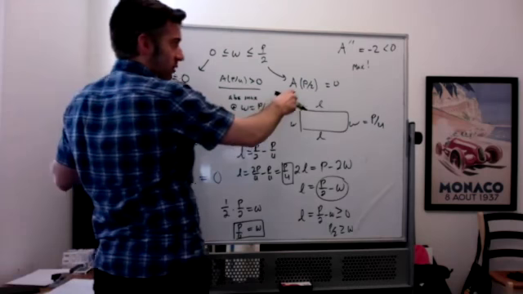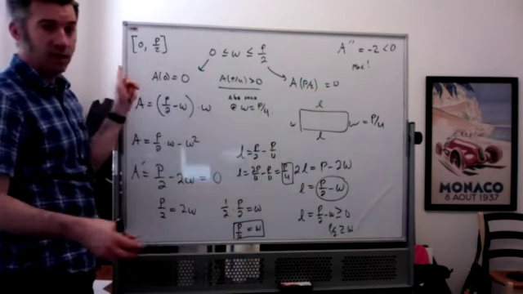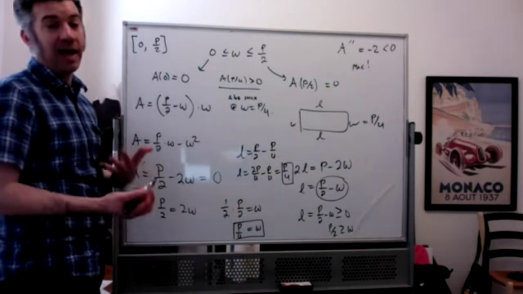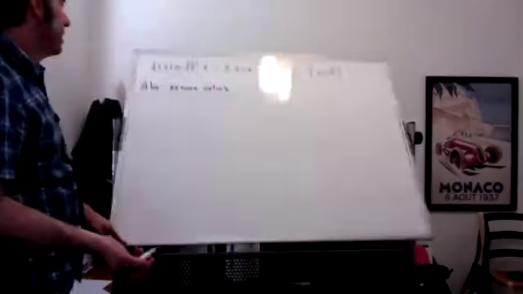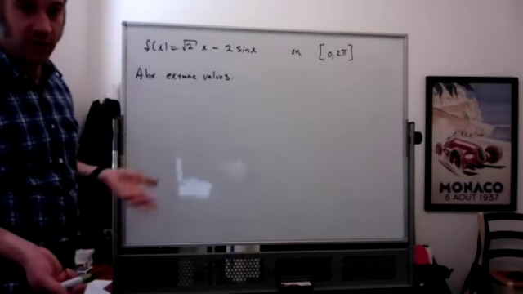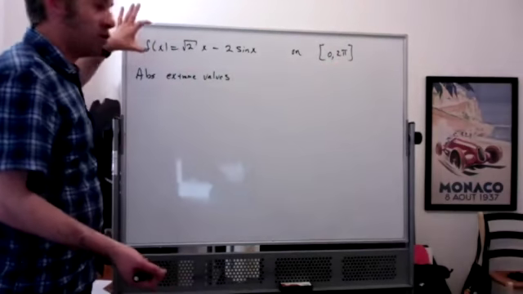We checked the original function at the right endpoint and got 0. And then we checked it at the critical point in between and got a positive value, meaning that had to be the absolute maximum because it was the biggest. Same idea here. We're going to find the critical values, and then we're going to check our critical values and our endpoints in the original function.